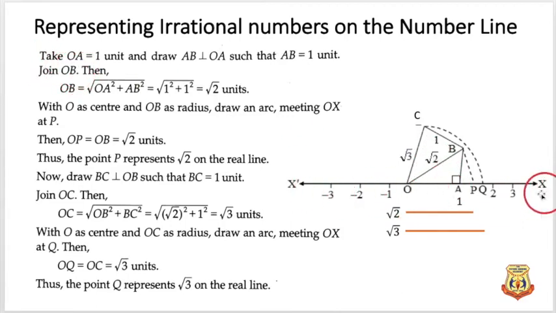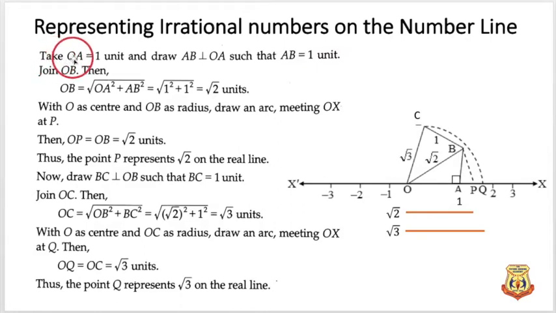Here this is my number line. You can see that this is 0 and this is 1, and let's name this point 0 as O. Suppose this is 1 unit.